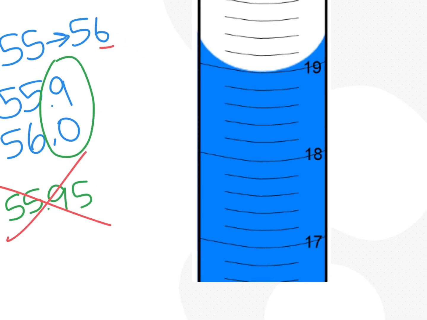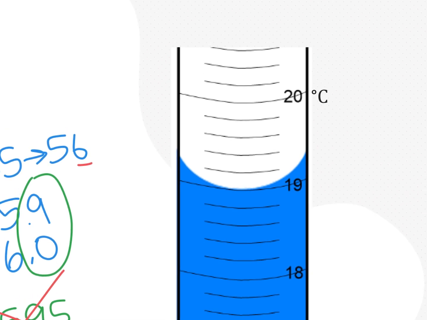So let's look at this thermometer. I know it's a thermometer because it says degrees Celsius right there. Let me make this a little bit bigger here. I can tell down here that this is 19. We want the bottom of the meniscus, not the top of the meniscus. So we are not measuring from the top. We are measuring from the bottom here.